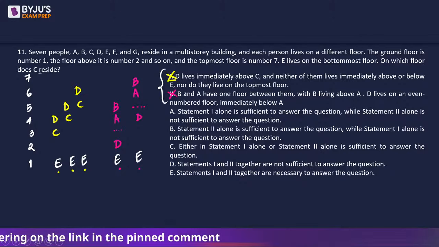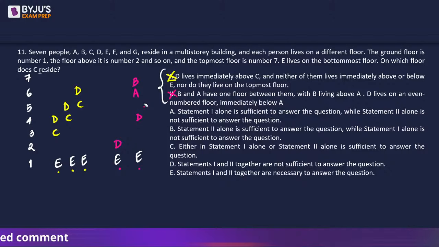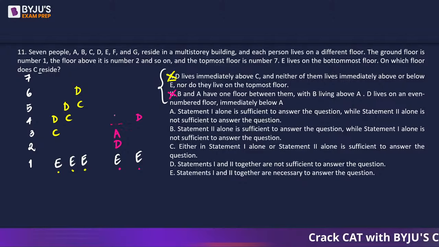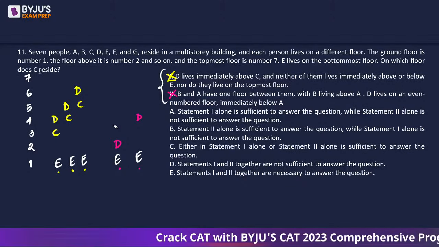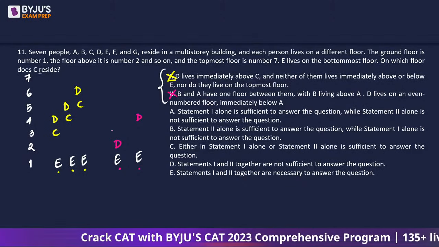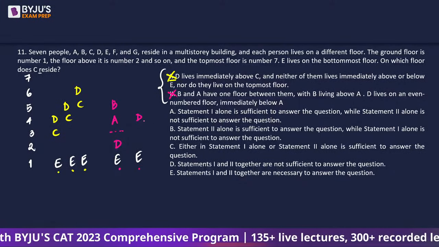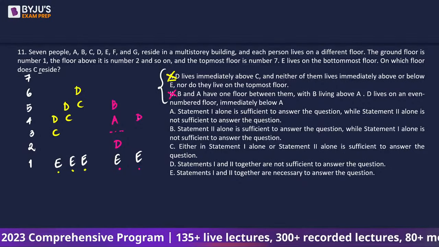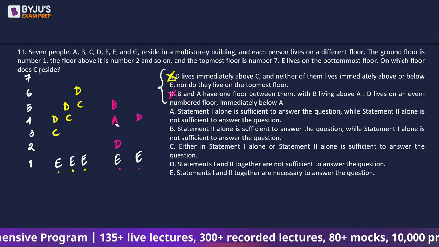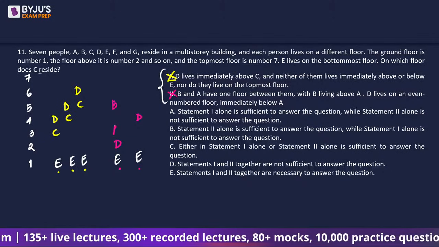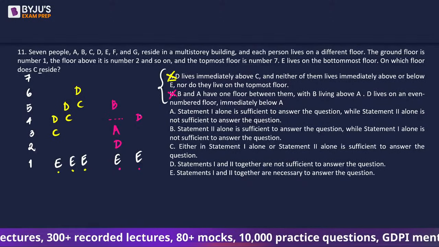B and A have, sorry, I made a mistake here. The gap is between B and A, no? So we have D, A, gap, and then B. I made the same mistake again.